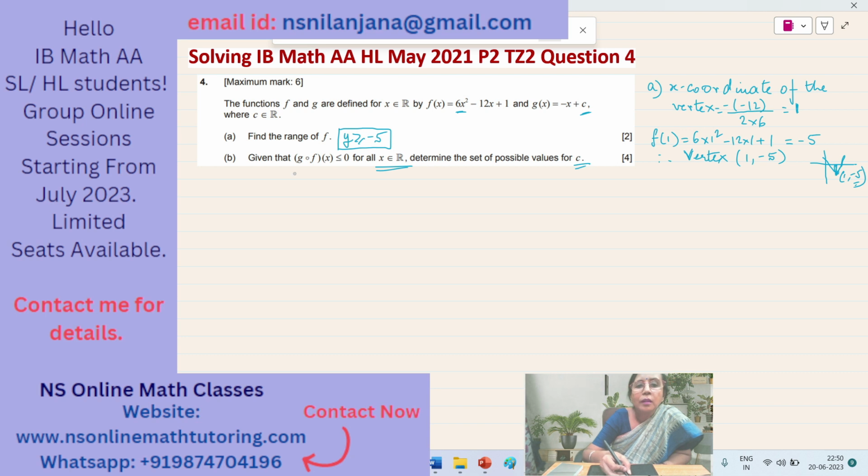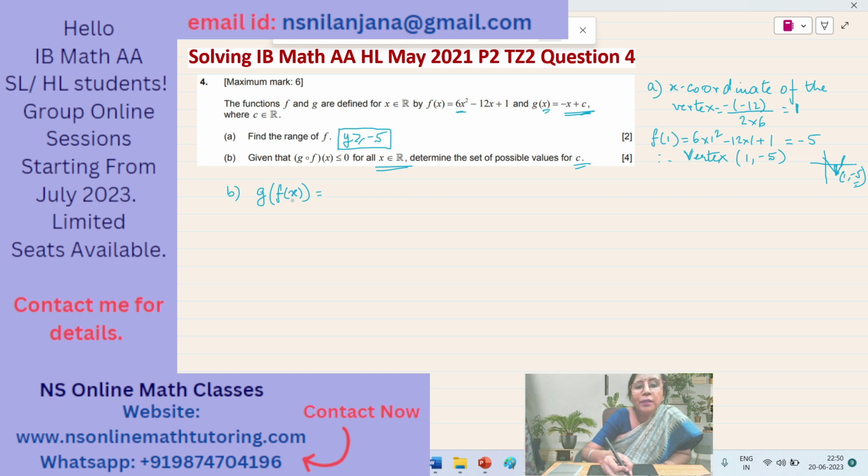So, g of f of x. This is subpart B. G of f of x means that the input to the g function is f of x. Over here, the input to the g function was x, so the expression was negative x plus c.